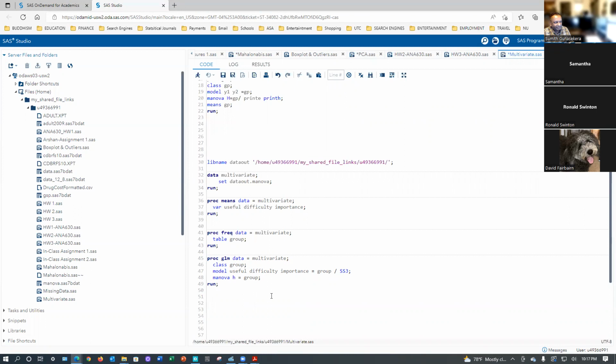Mainly this is the MANOVA part: usefulness, difficulty, importance, being given by group. The class is group, groups 1, 2, 3. Three groups. What are the variables you have? Usefulness, difficulty, importance. MANOVA H, for all groups.